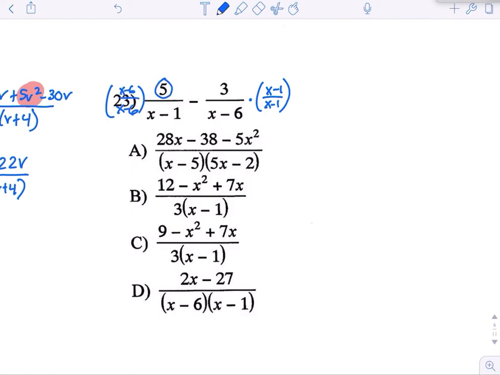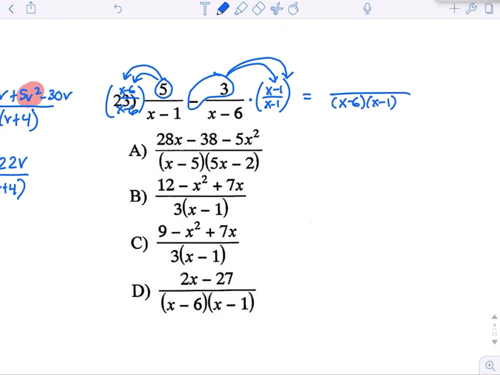Alright, so on the top, you gotta distribute this to both of these, right? Now, do you guys see this negative sign? So I would just attach this negative to that 3, okay? So it's -3 times that and -3 times that. Do not forget that, because some of you guys won't distribute that, so then you guys won't get the correct answer. So we're still gonna have x minus 6, x minus 1.